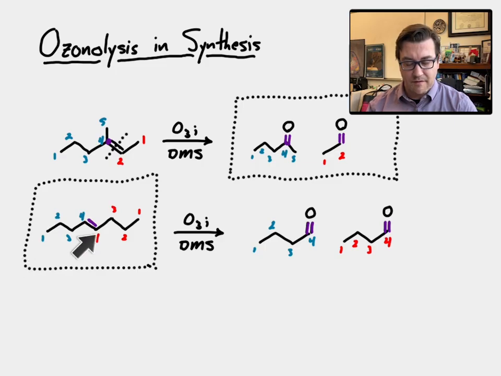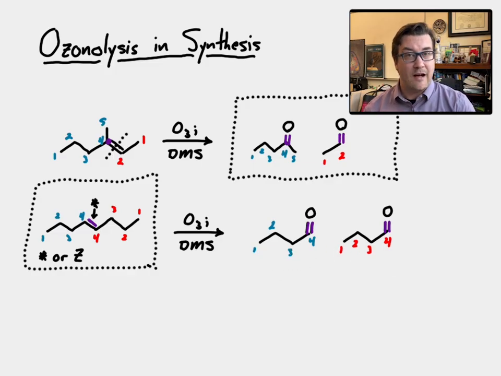So we have 1, 2, 3, 4, and then 1, 2, 3, 4, and we find in the middle that this is where the double bond must have existed. Right now I've drawn this as the more stable trans product, or E product, but it could have also been the Z alkene. There's no way of knowing based on your products if you started with an E or a Z alkene, because that information has been lost when the molecule was cleaved.